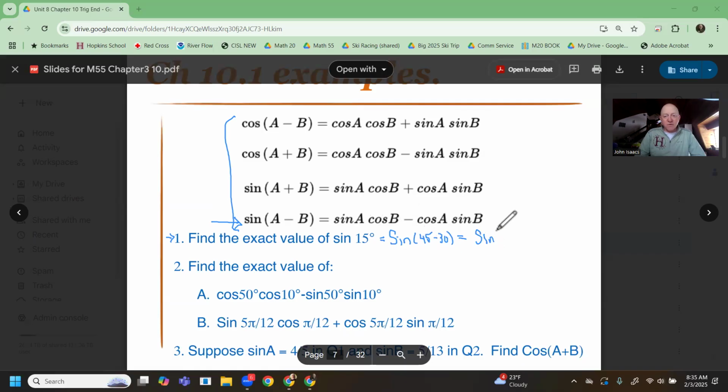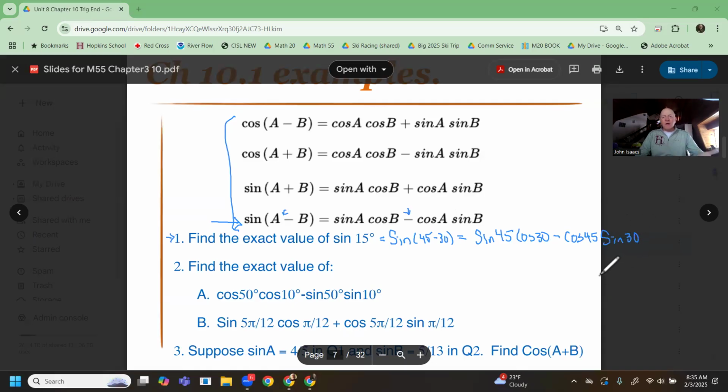So sine of 45, cosine of 30. And minus sign means minus sign. If I use minus here and here, they go together. So we're going to subtract cosine of A, which was 45, times sine of 30.